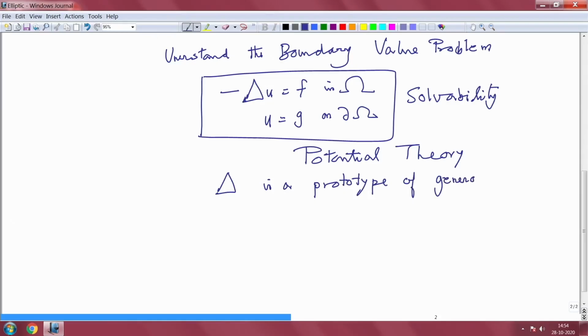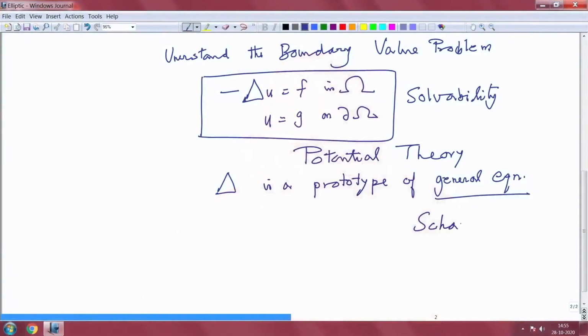What do I mean by general equation? Prototype means this Laplacian, even though it looks like a very simple operator, it has many features of general operators. The study of general equations is called the Schauder theory.